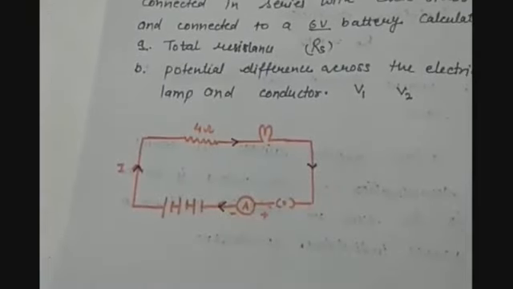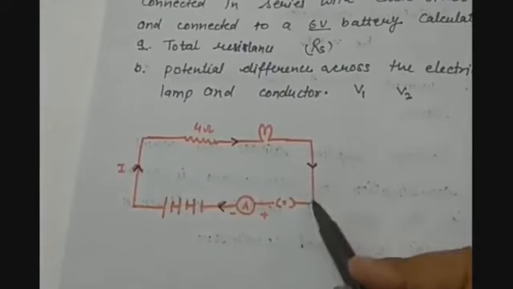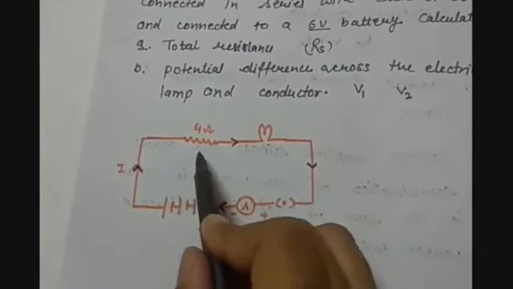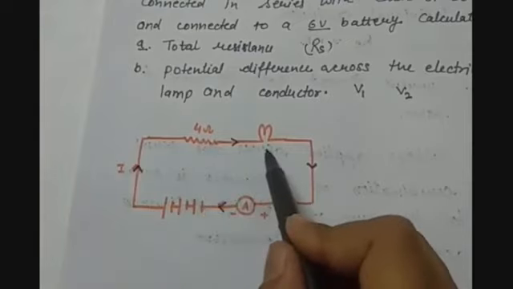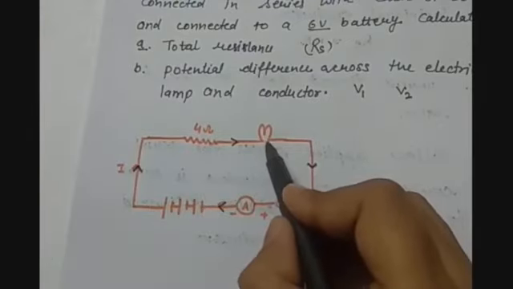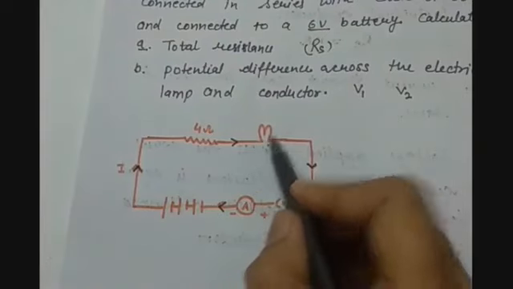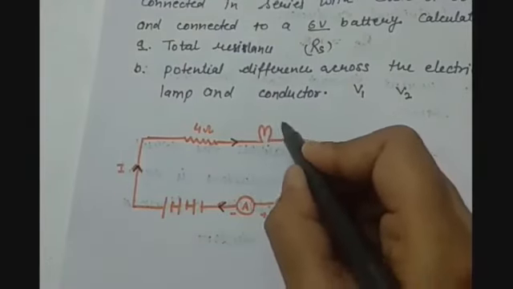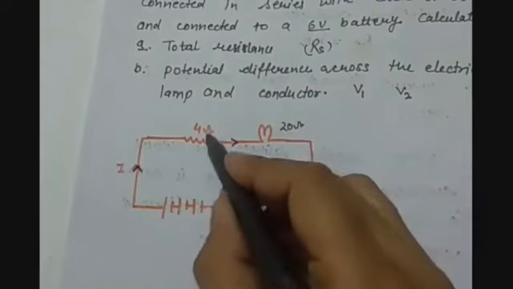So let us see the arrangement. I made this circuit diagram. You can also draw it by yourself, that we have a resistance of 4 ohm and a lamp. You know the symbol, this is the symbol of an electric bulb. This has a resistance of 20 ohm and this is 4 ohm.